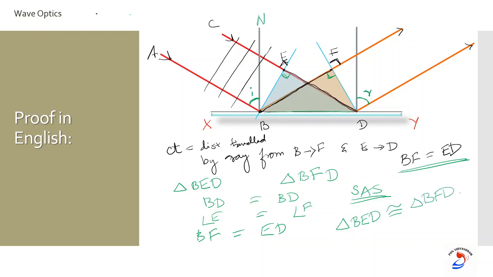Okay, so if they are congruent to each other, now inside this triangle, do you agree that this is angle I? This is 90 minus I, okay?